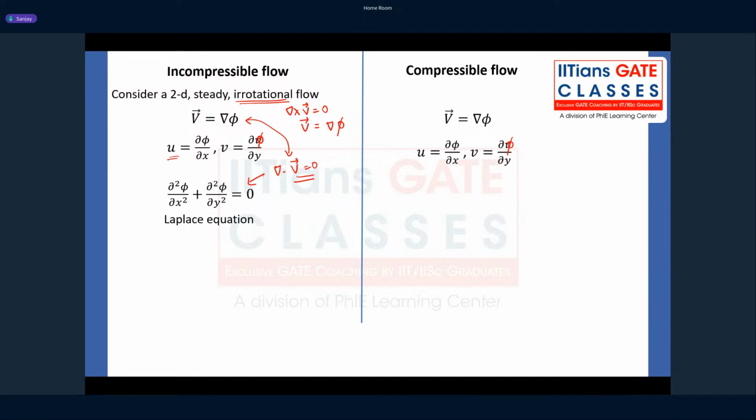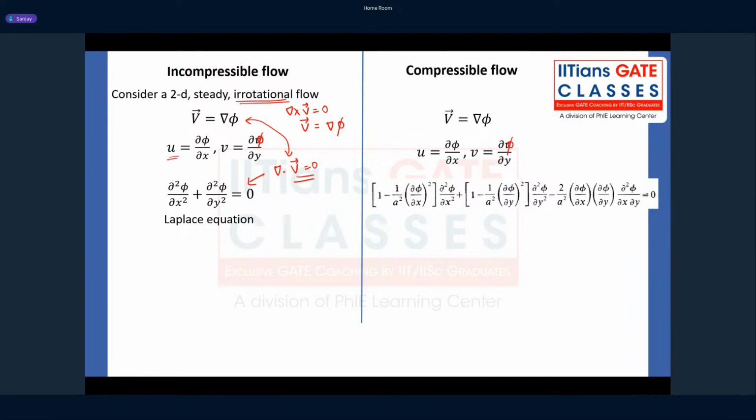Okay. Now, the corresponding equation for a compressible flow is not like this. It is not very straightforward. So this equation is something like this. We are not going into the derivation of this. This is derived from the continuity, momentum, and energy equations for a compressible flow. But I just want to give you a flavor of what kind of equation this is.